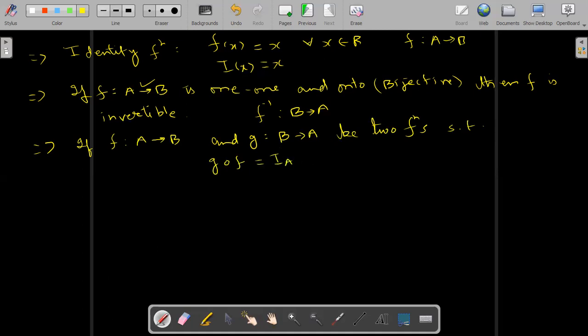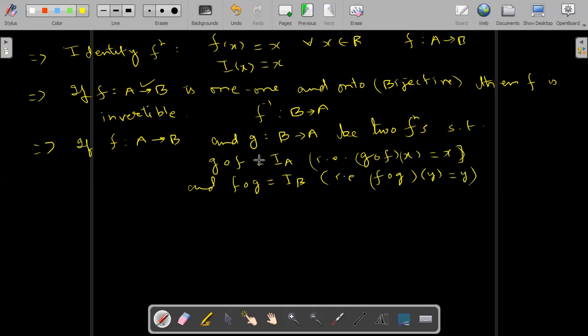is the identity in A, which you can understand better if you find g composite f of x is equal to x, and also the opposite, f composite g is the identity in B, that is, if you get f composite g of y, it equals y, then we can say f and g are inverse of each other.